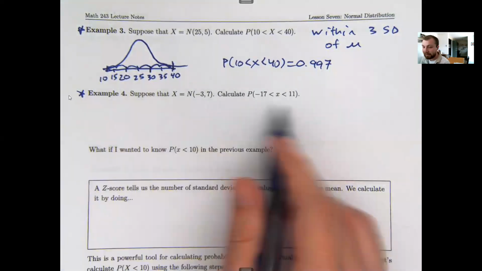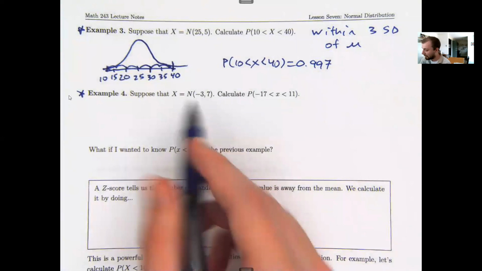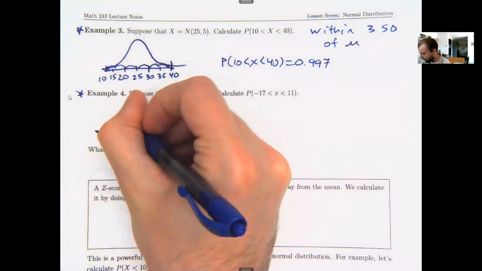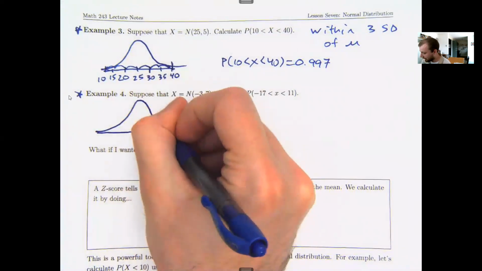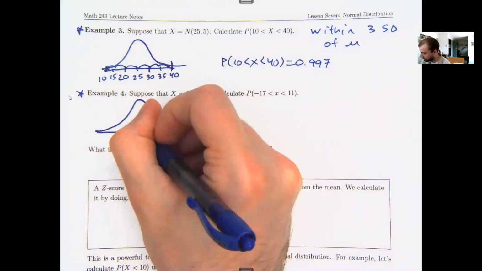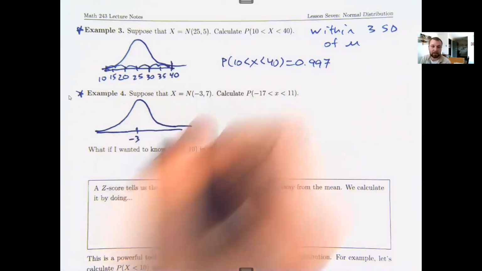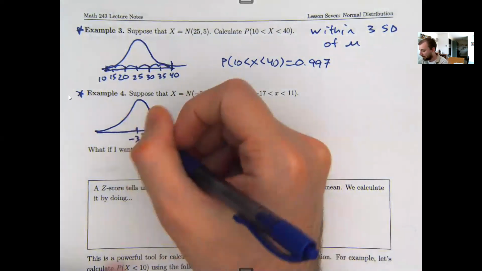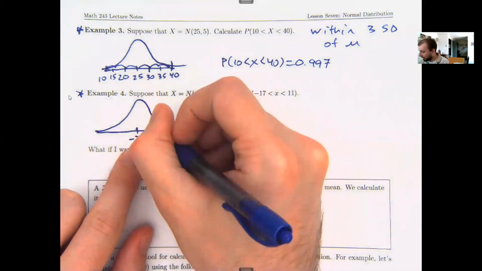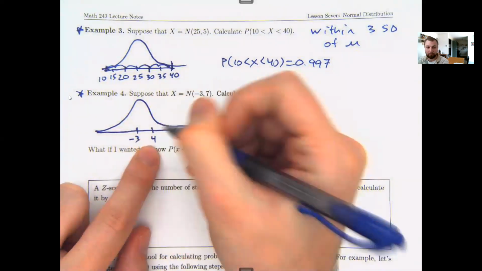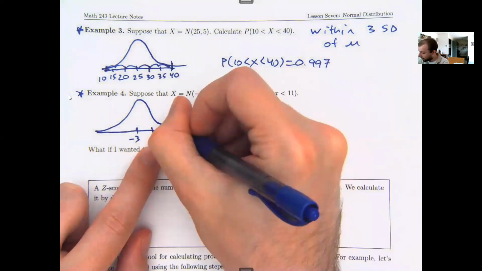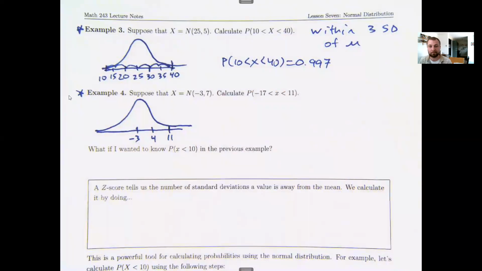This one, same idea. I just have to be careful because I have a negative as my average there. So I'm going to watch my signs as I add and subtract things. -3 is the center. I am adding 7 to this. I'm down 3 and I gain 7. I'm at 4. 4 plus 7 gives me 11. I'm matching up with one of those values. That's a good start.